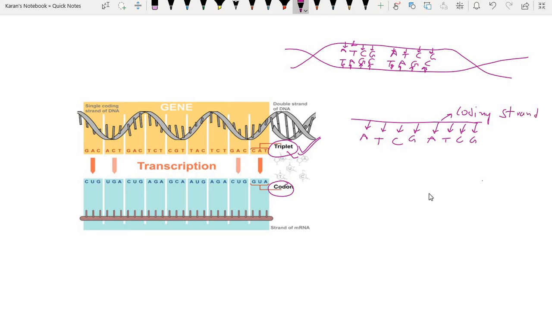Now I'm going to draw it further. Now you can see this strand is the template strand, suppose. So obviously this will be T, A, G, C, T, A, G, C. So this one is the template strand.